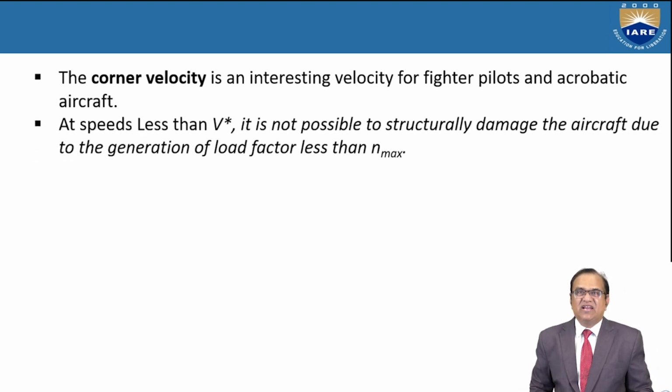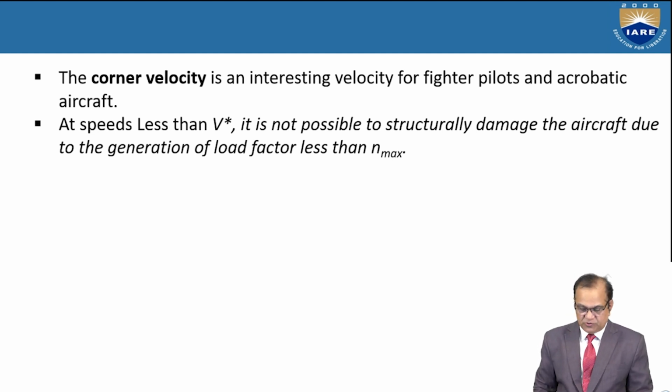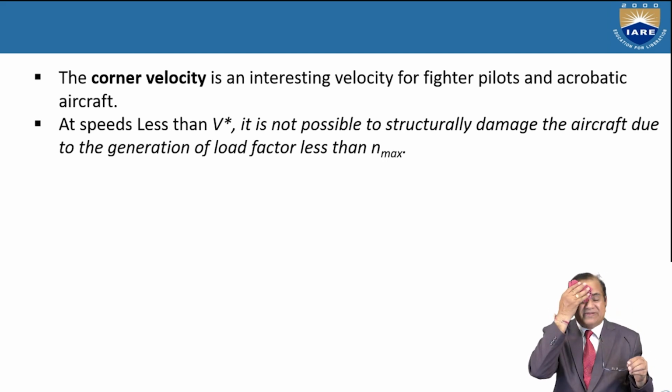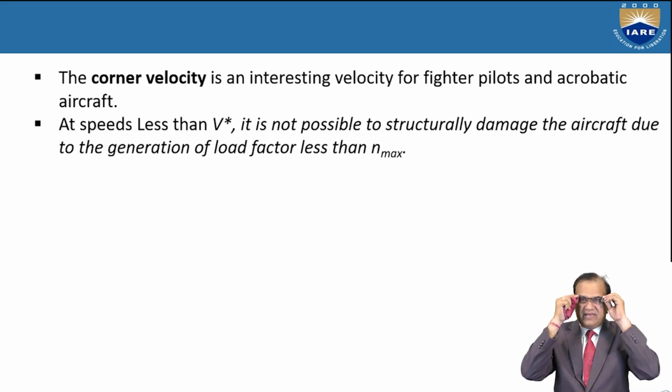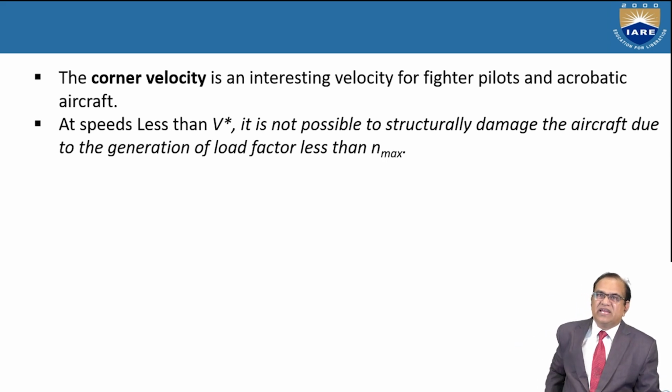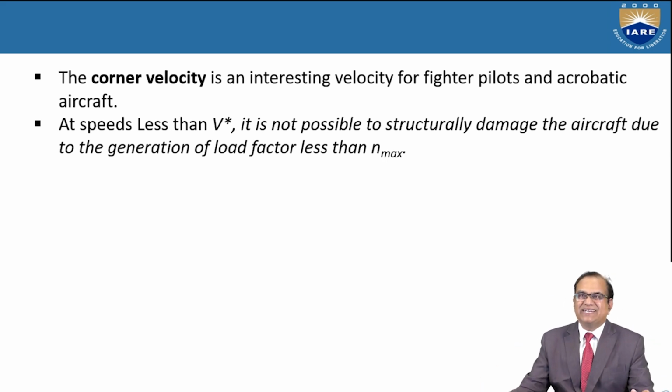At a speed less than V star, it is not possible to structurally damage the aircraft due to the generation of load factor less than Nmax. So if you see the previous diagram, and if you fly your aircraft below V star, it is not possible to structurally damage the aircraft.